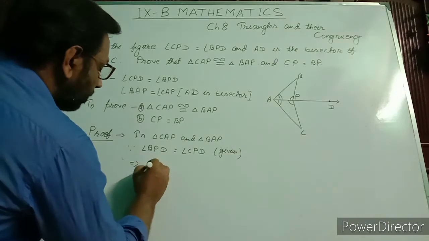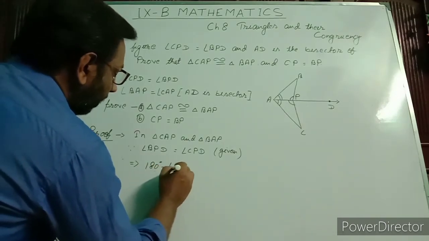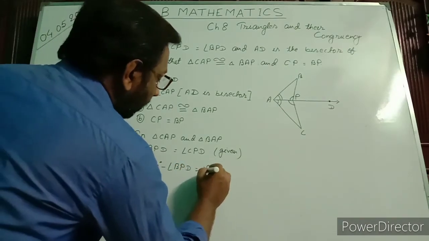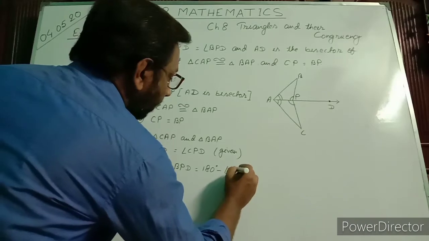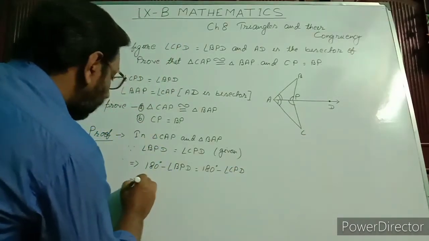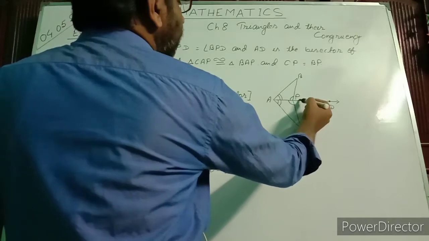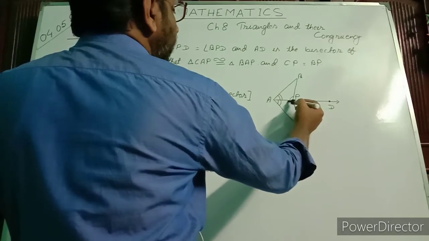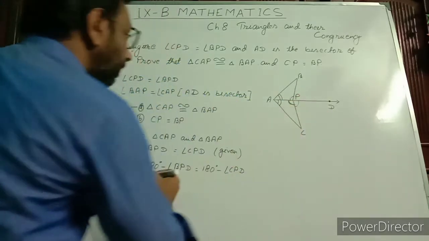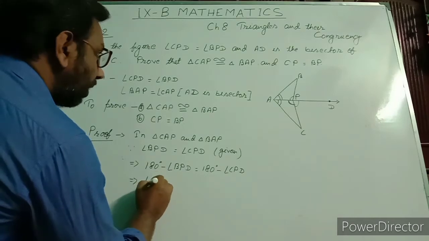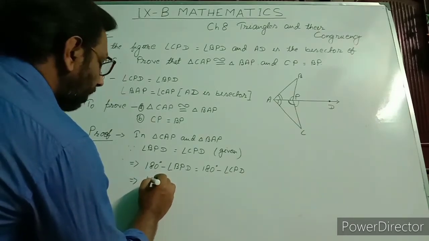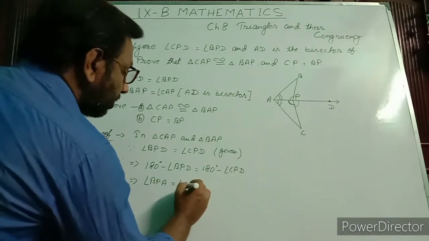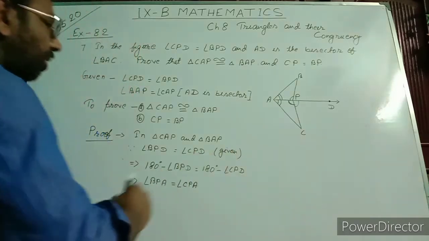If you subtract equal magnitudes from 180 degrees, 180 degrees minus angle BPD, 180 degrees minus angle CPD, then the resultants will also be equal. If you subtract this angle from 180 degrees, then this angle is left, and if you subtract this angle from 180 degrees, then this angle is left. So our resultant became angle BPA equals angle CPA. This became the first condition.